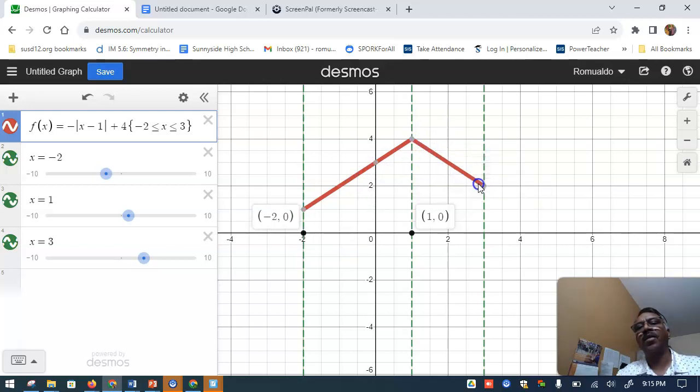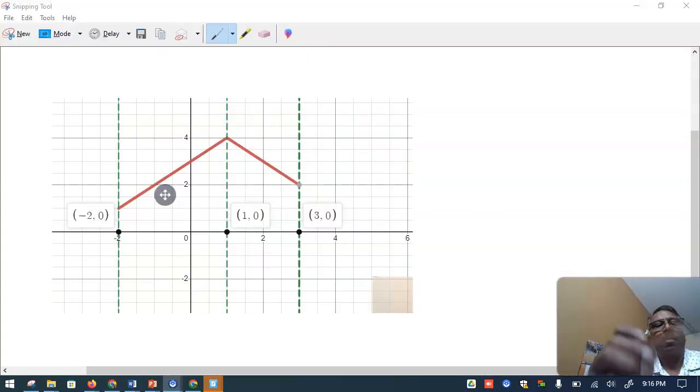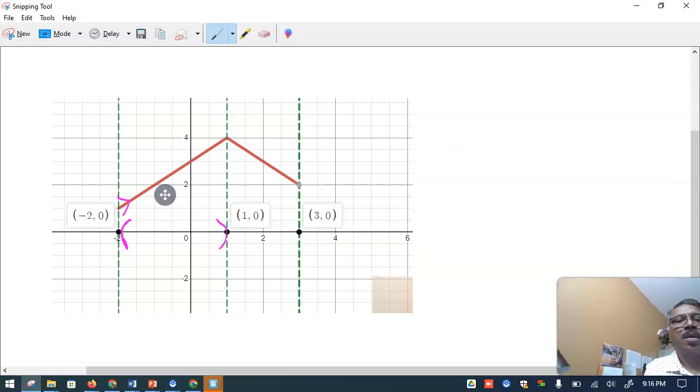So we have an increasing and decreasing interval: increasing from -2 until 1. For this interval from -2 to 1, the graph is increasing, and we will make a table out of this.